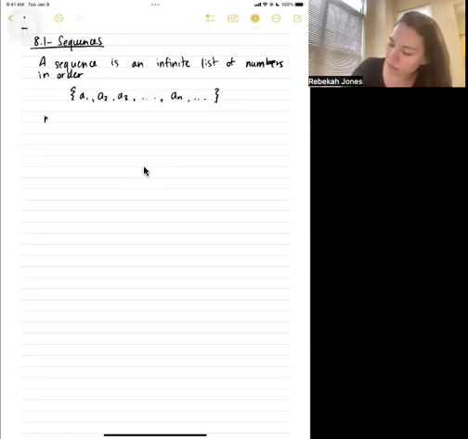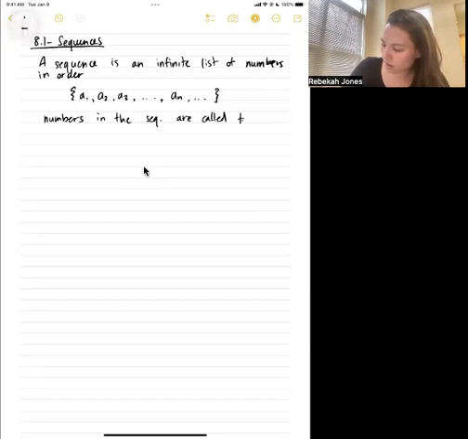So numbers in the sequence are called terms. And we usually write them A sub n. Read this A sub n, so sub for subscript.